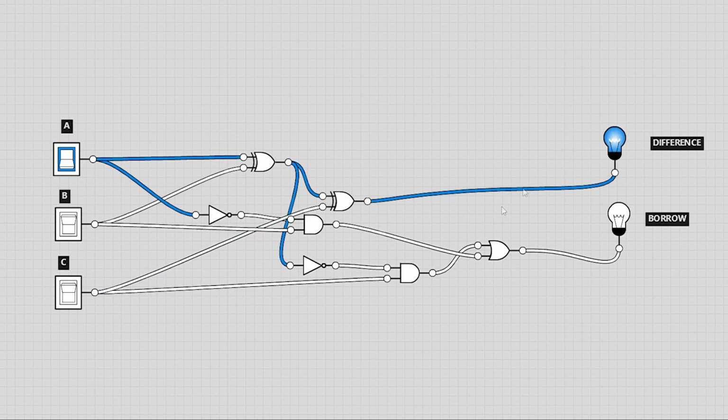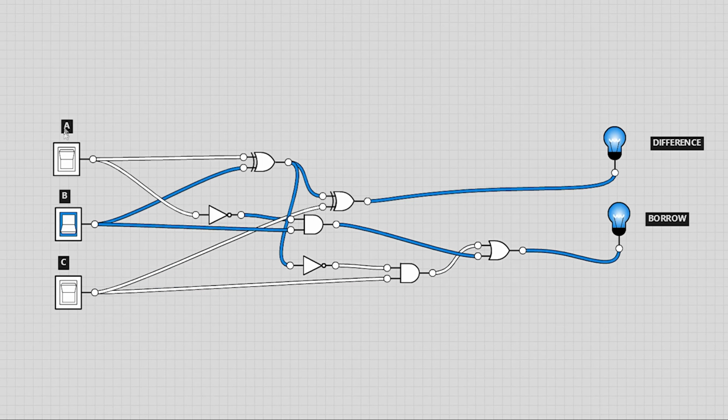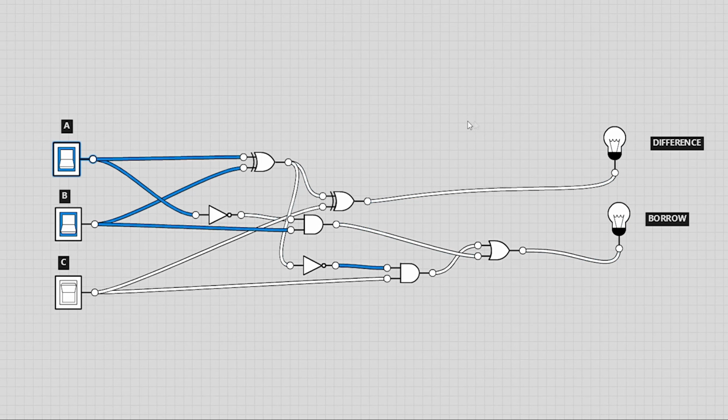When the input A is 1, the difference is 1 and the borrow is 0. When the inputs A and C are 1, the difference is 0, the borrow is also 0. When the inputs B and C are 1, the difference is 0 and the borrow is 1. When the inputs A and B are 1, the difference is 0 and the borrow is also 0.